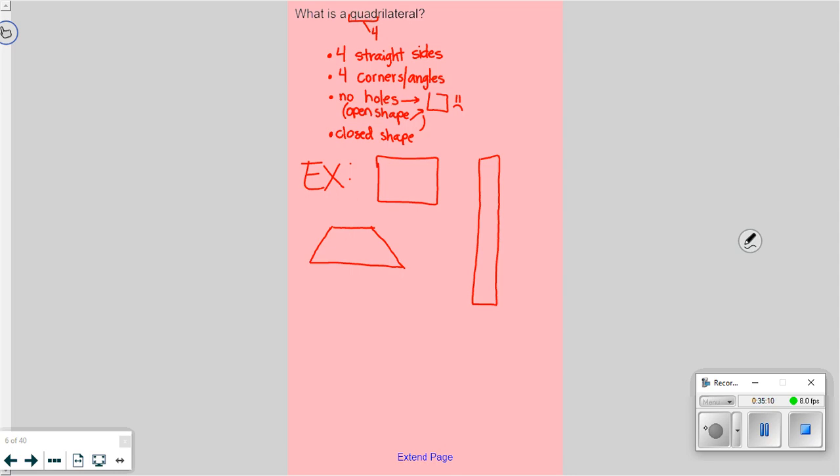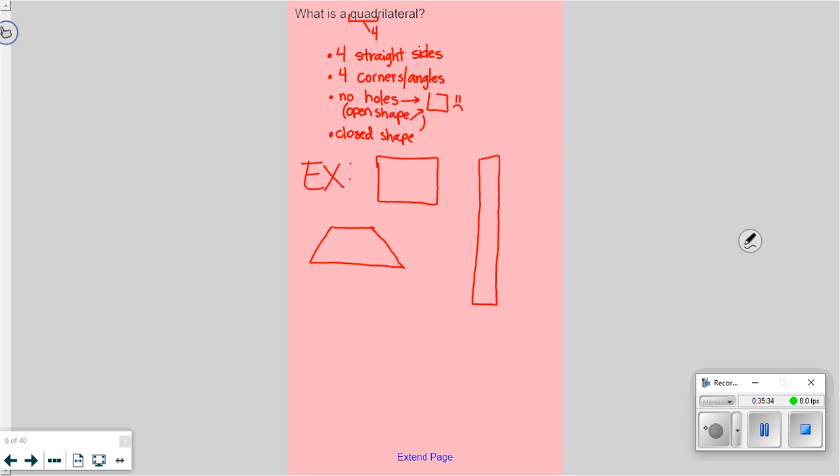Macklin, how do we know that's a quadrilateral? It has 4 sides. Mm. Is that the only rule? No. No holes. 4 corners. It has 4 corners. Sounds like a quadrilateral to me.